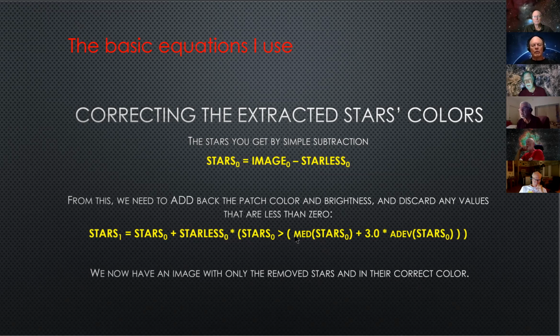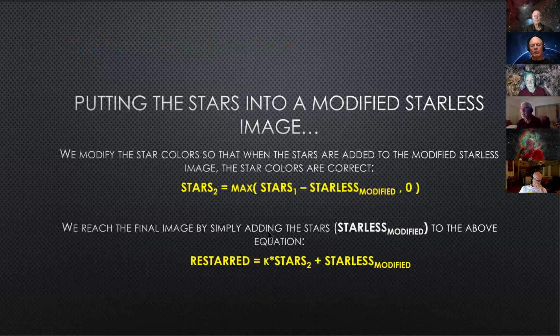If the stars are greater than the median plus 3 standard deviations, that is, if they're greater than average noise in the image above the average brightness of the image, then you multiply by the initial stars. If not, you just use the initial stars straight out. Otherwise, you multiply the starless by the stars. Interesting, but whatever.